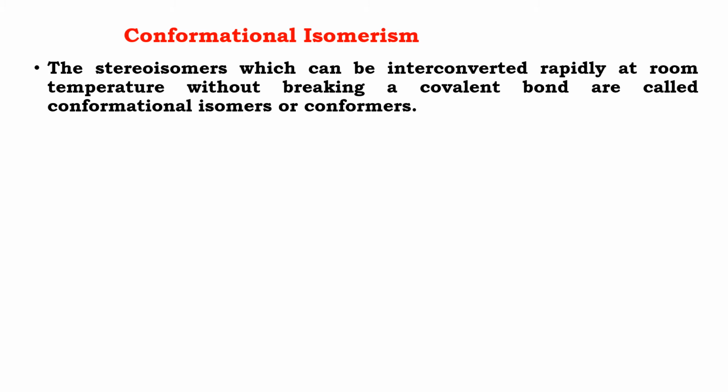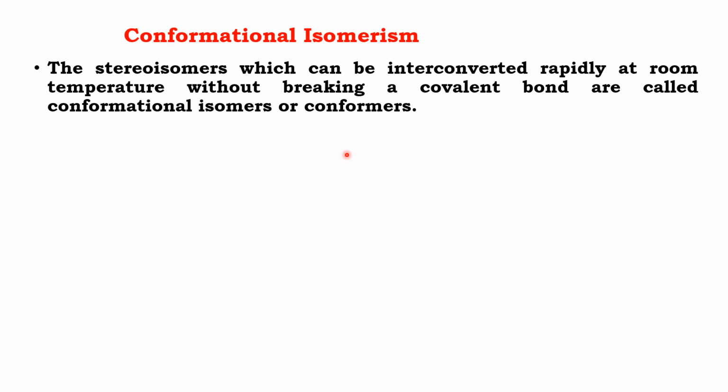Now we move to the next topic, that is conformational isomerism. We know in organic compounds, especially in saturated organic compounds, there are carbon-carbon single bonds. At room temperature, these carbon-carbon single bonds can be rotated.